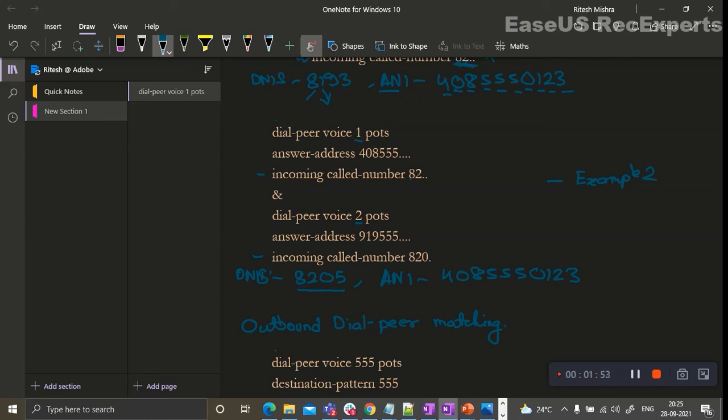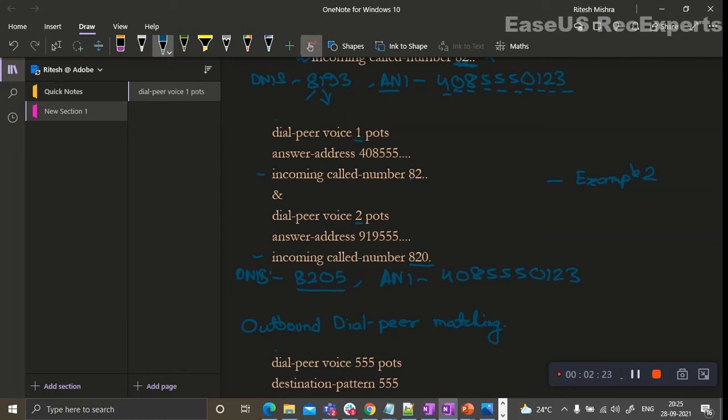But let's see dial pair 2 as well before making a final selection. Here we have 820 dot, which is the most specific match. It is much easier to match, and the router will need fewer resources to match the pattern 820 dot with 8205. It's kind of the longest match, right?